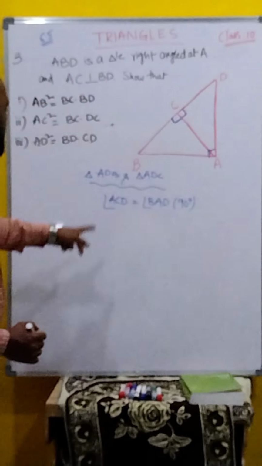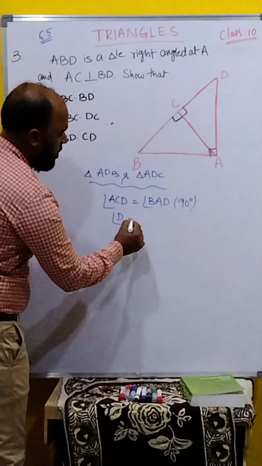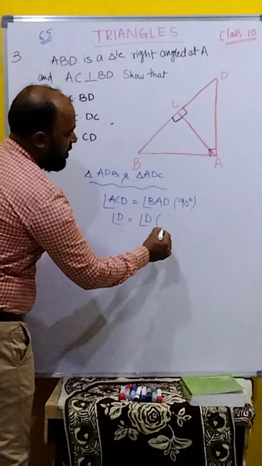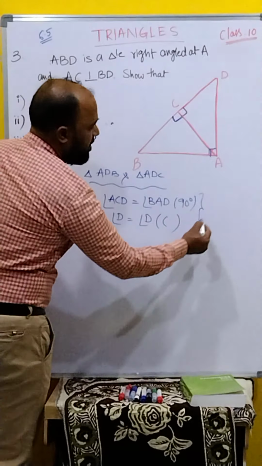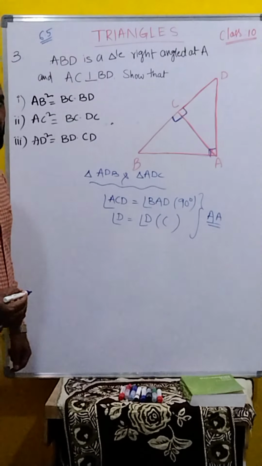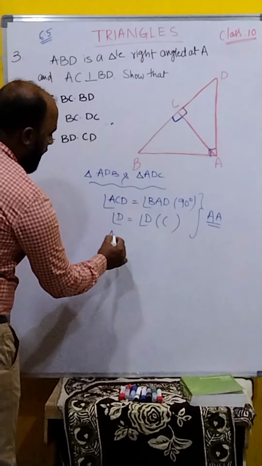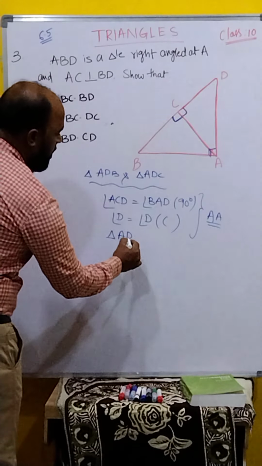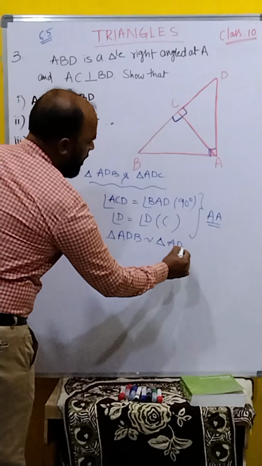Observe, one is a common angle in ADB and ADC: angle D is equal to angle D. This is a common angle. By AA similarity, both the triangles are similar. Triangle ADB is similar to triangle ADC.